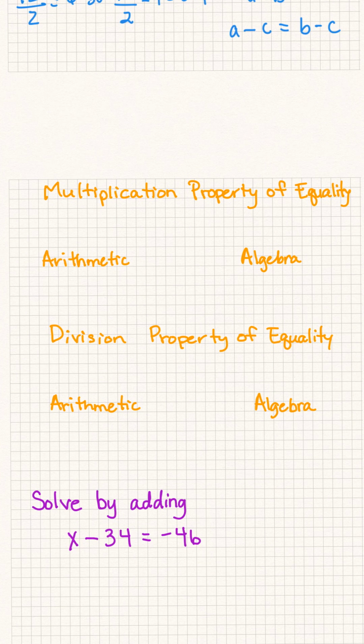Moving on to the multiplication property. If you multiply each side of an equation by the same number, the two sides remain equal.